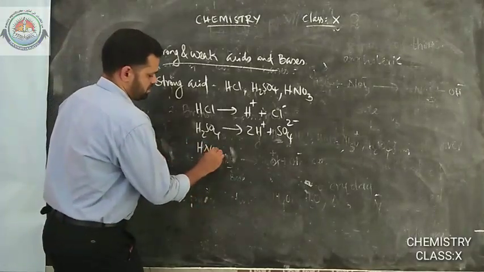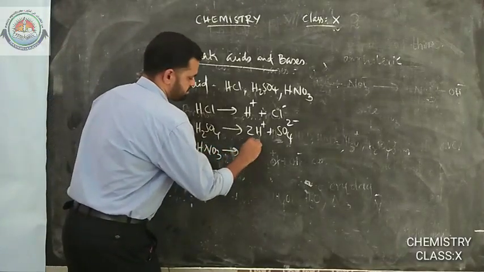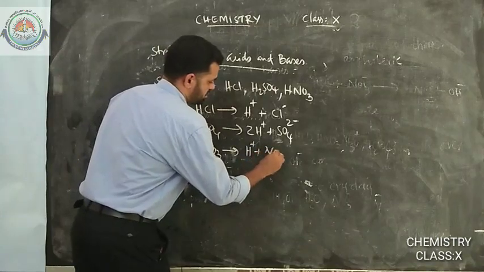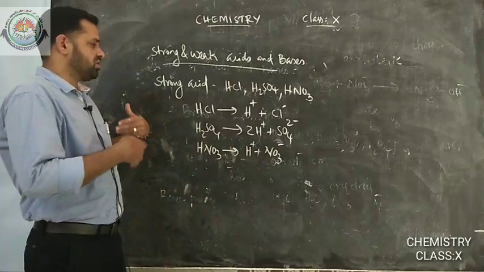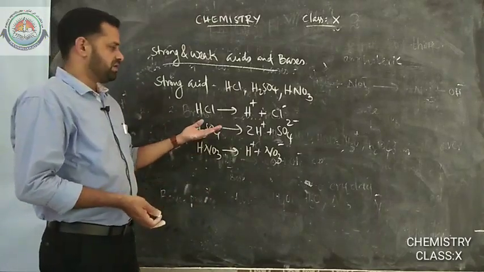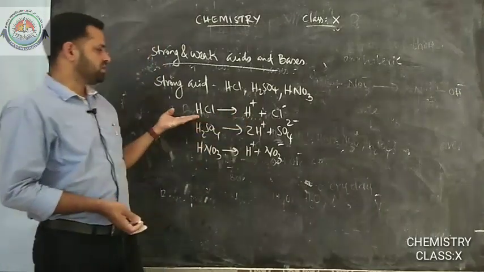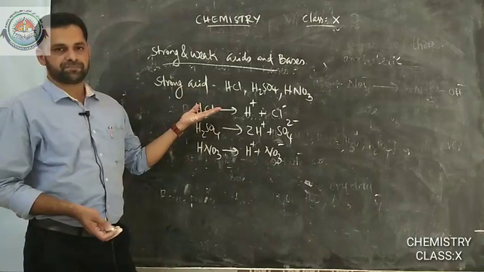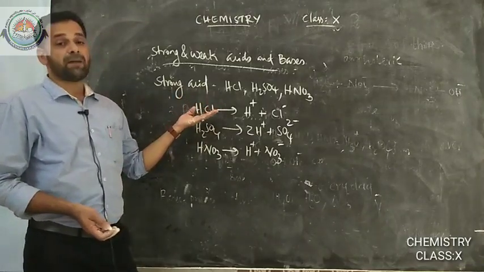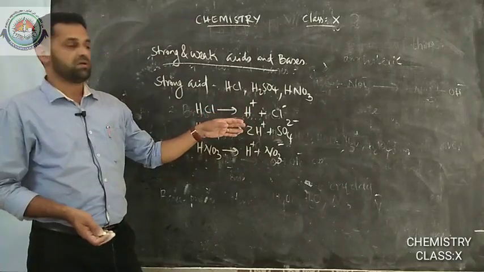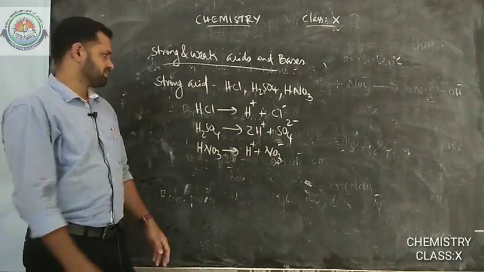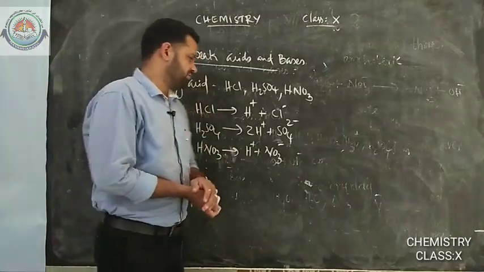HNO3 gives H plus plus NO3 minus. So, they undergo complete dissociation, complete ionization when it reacts with water. So, that is called a strong acid. Strong acids undergo complete ionization and give a large amount of H plus ion.